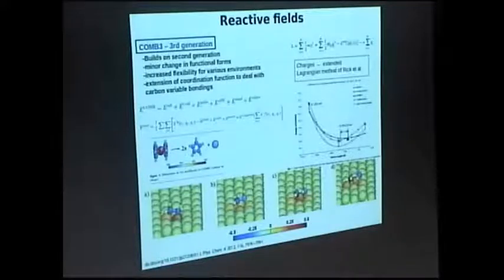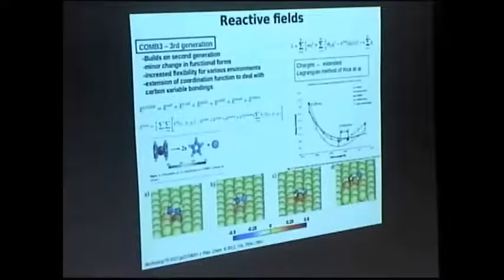Then you see the metallocene of copper, it can be dissociated, and COMB 3rd generation describes it quite well. Here we have a CH3, CH2 molecule when it finds a metallic surface, and then we see some charge transfer, and the dissociation of this molecule is catalyzed by this metallic surface. Okay, it's also something nice to see.